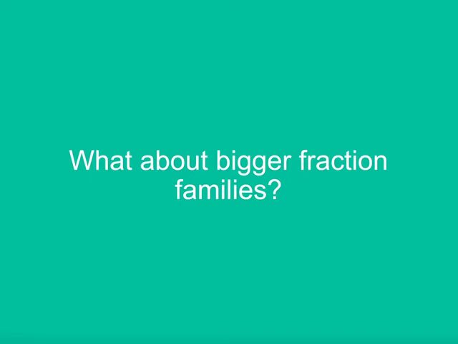What about bigger fraction families? Here we have a piece of paper folded into 100 equal parts. There are lots of fractions in this family. We can show how big 1/100th is, and then we can also see that we can make 10 of this size piece, so it is 1/10 of the paper. But how many hundredths are equal to 1/10?